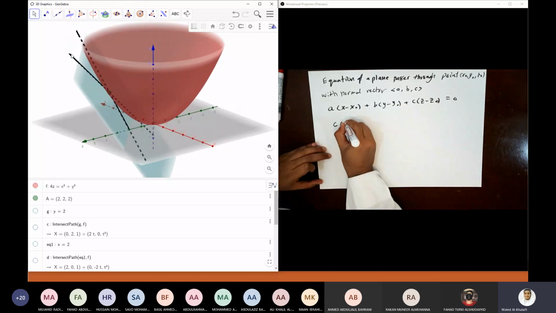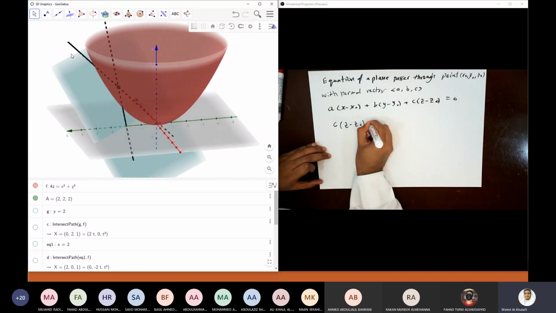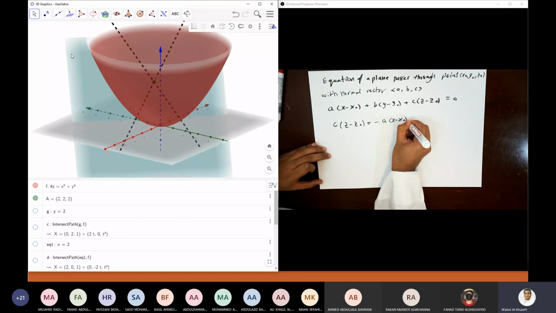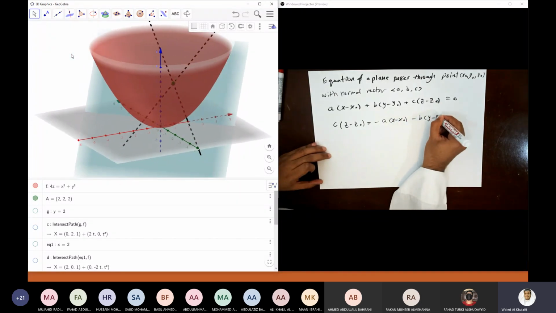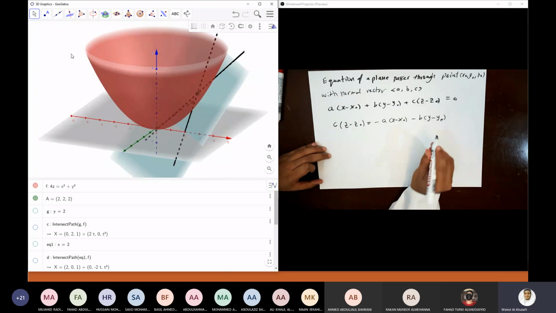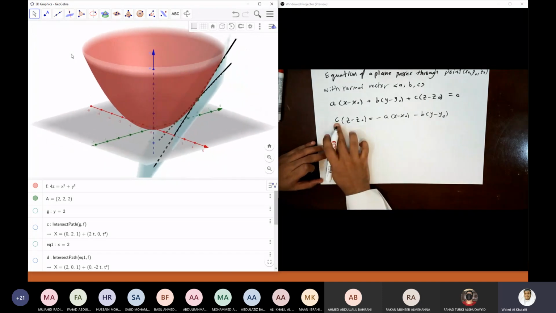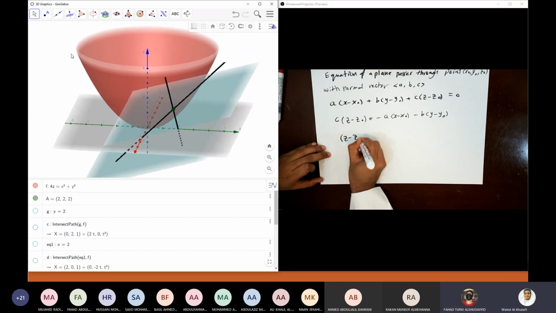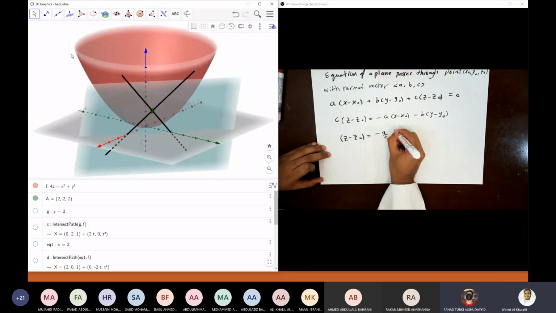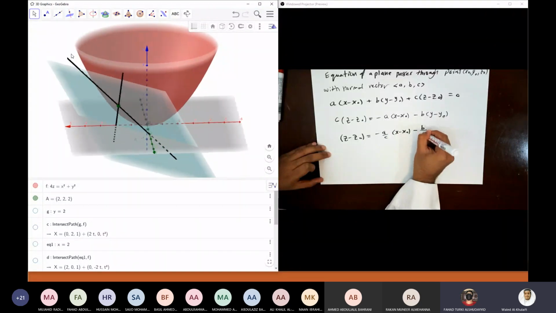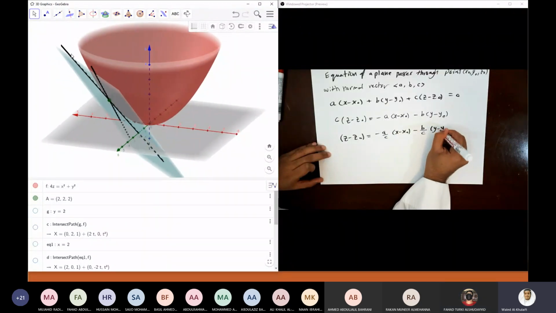So we have c(z minus z naught) equals minus a(x minus x naught) minus b(y minus y naught). Next, I'm going to divide by c. So this is z minus z naught equals minus a over c, (x minus x naught), minus b over c, (y minus y naught).